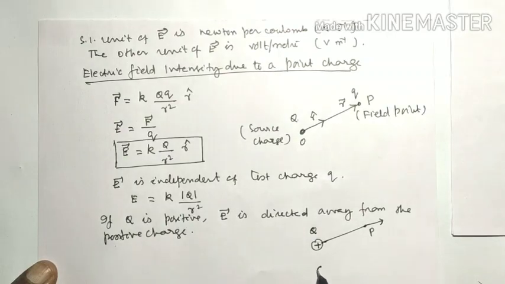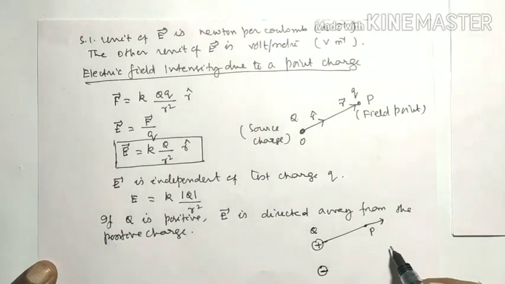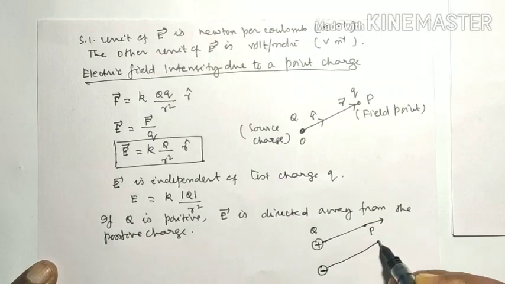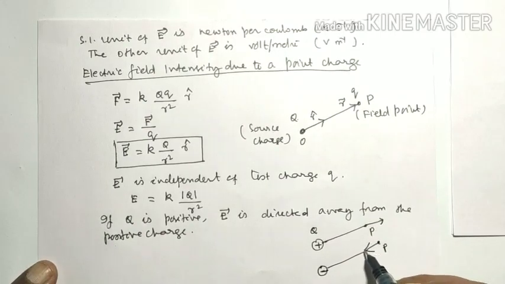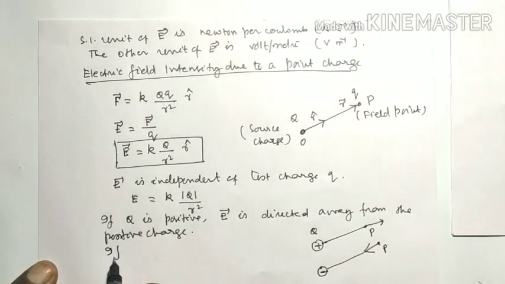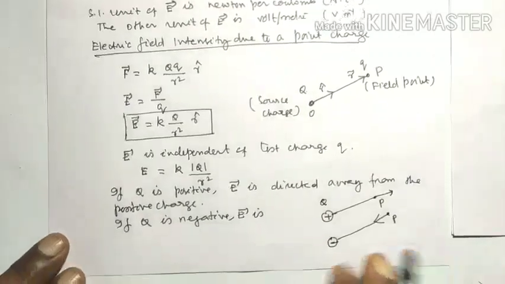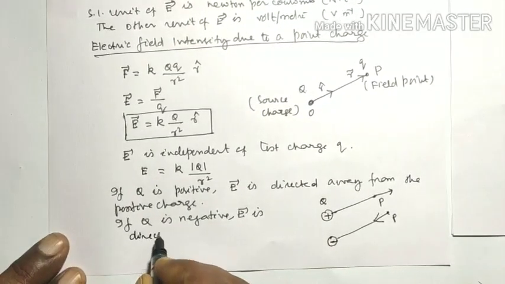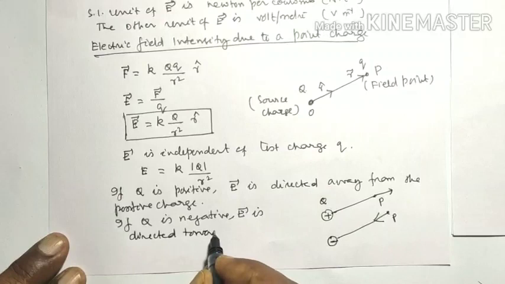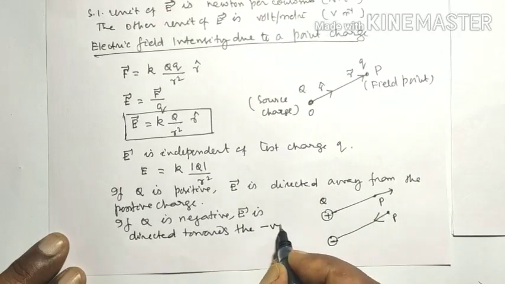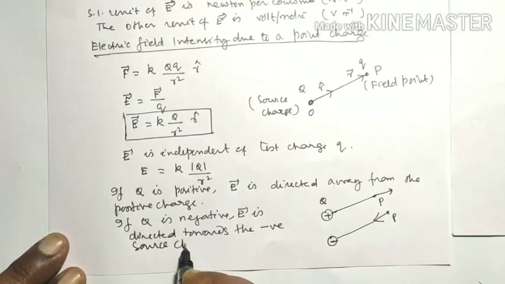And if the source charge is negative, then electric field at the point P is directed towards the negative source charge. If Q is negative, E is directed towards the negative source charge.